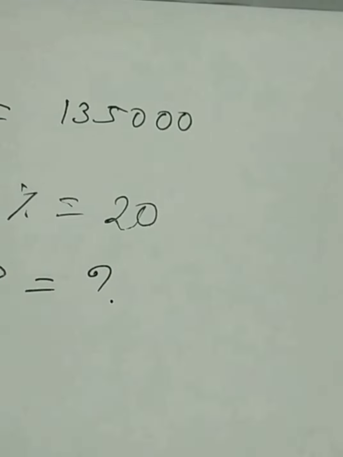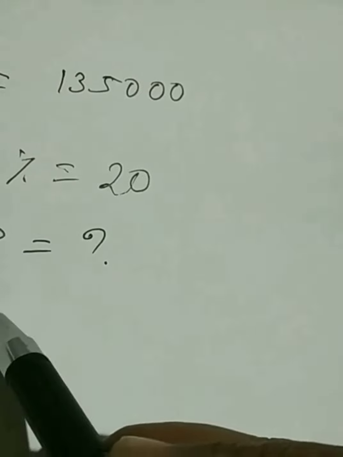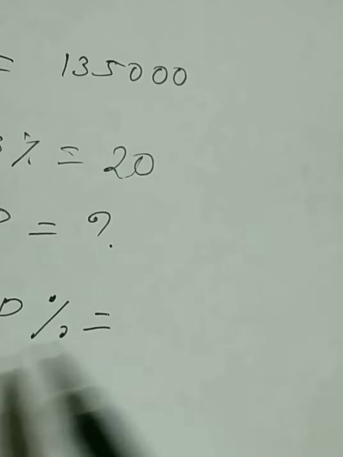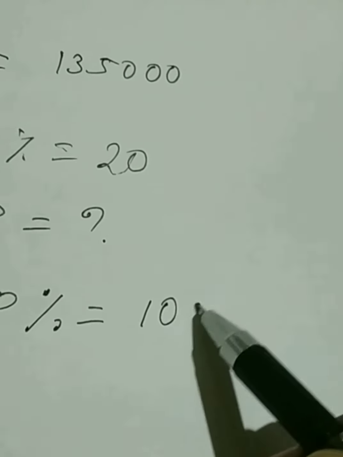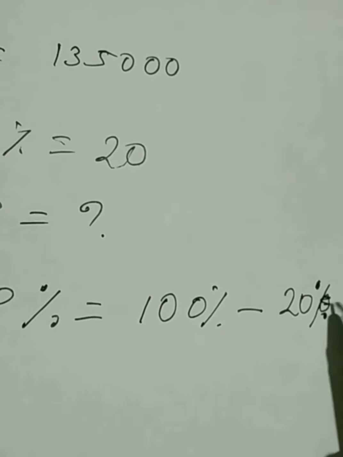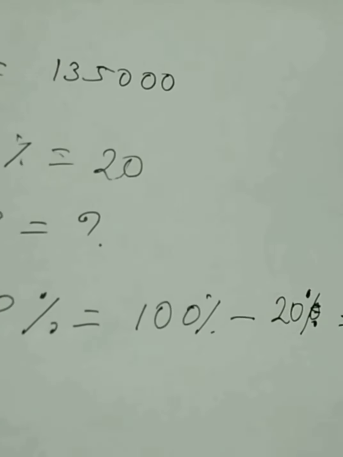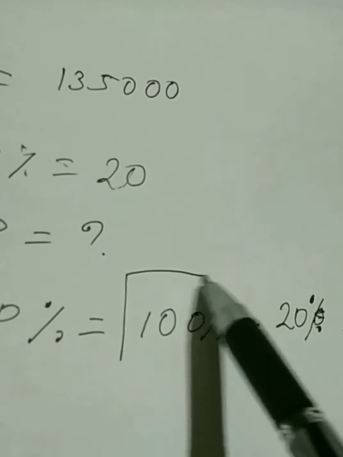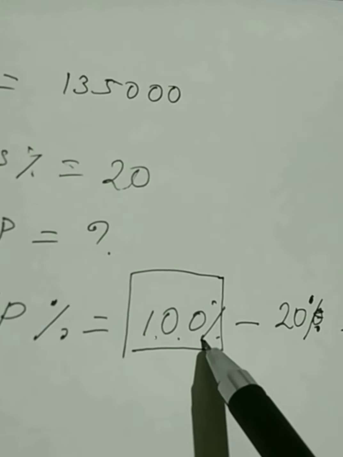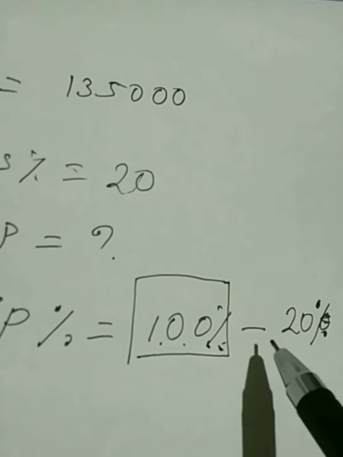Here, loss 20% means selling price will be 100% minus 20%. That will be 80%. If there is no loss or profit, we know that will be 100%. But here this is loss percentage.